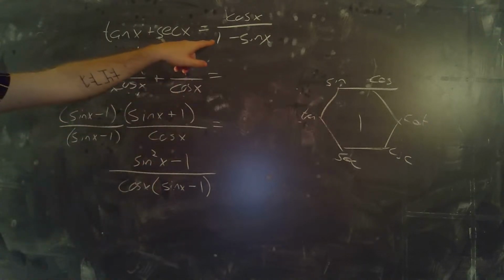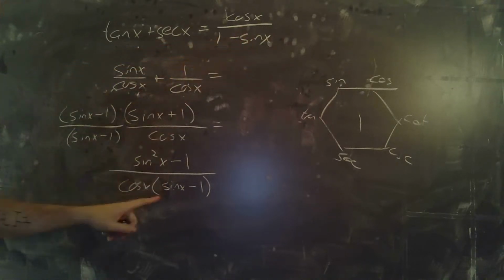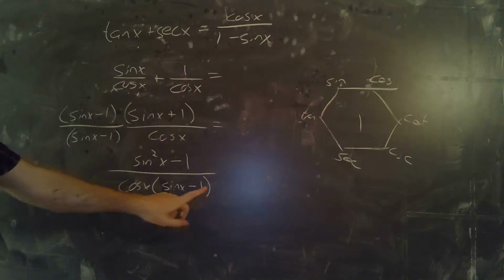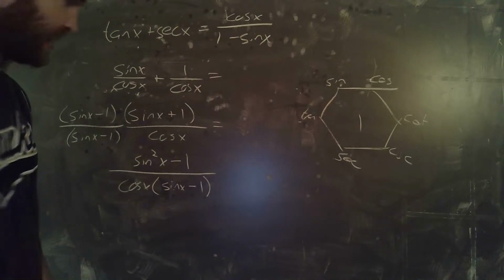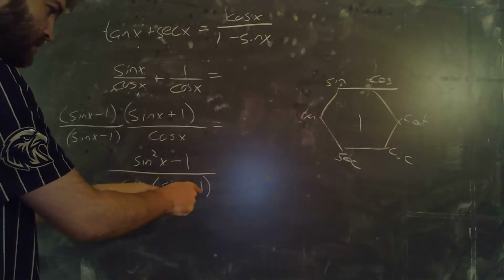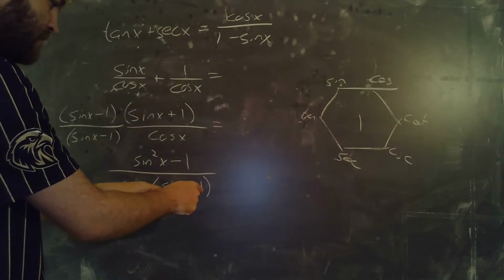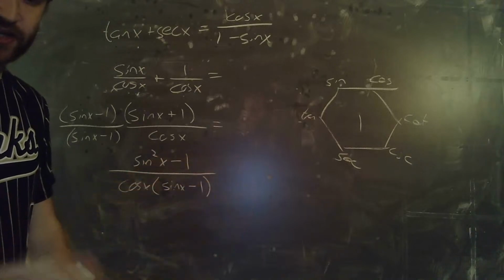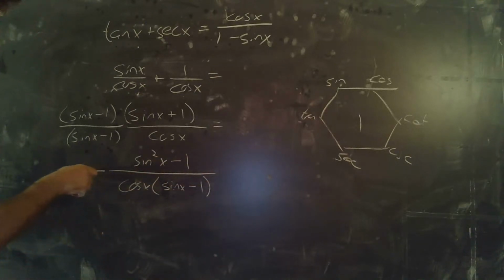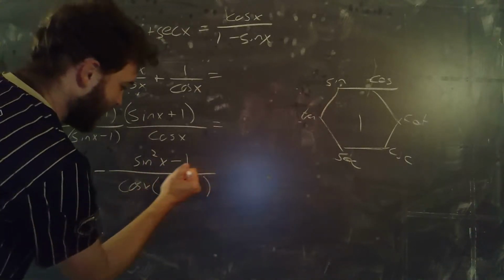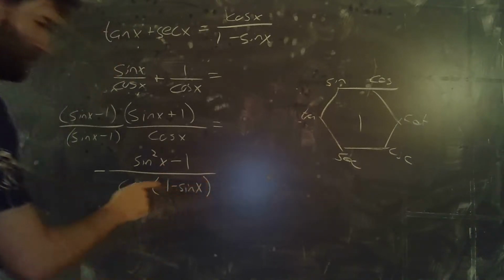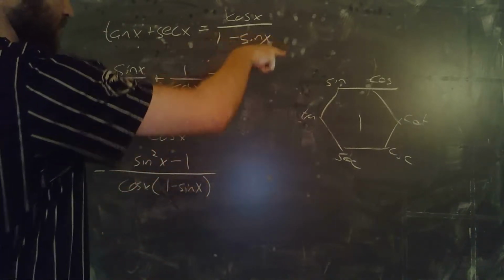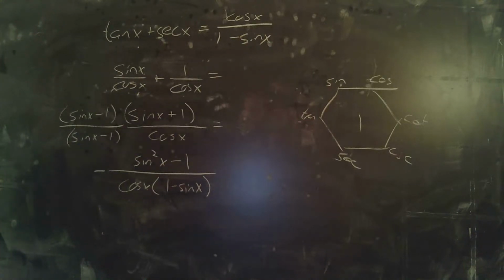You see, this is supposed to say 1 minus sine, which is not the same as sine minus 1. So what I need to do is factor a negative out of this, and this is a trick. Basically, anytime this is backwards, we can just multiply everything by a negative, or in other words, factor a negative out. So I'm going to put a negative out in front of this thing, and that lets me switch the direction that the bottom part was in. So there you see our 1 minus sine x that we're supposed to end up with.